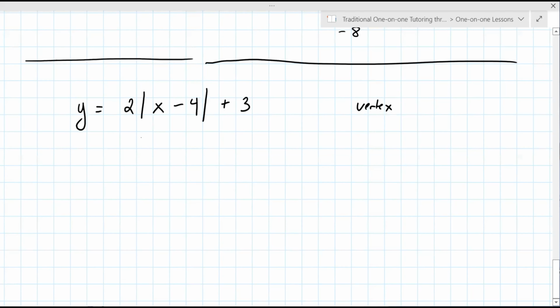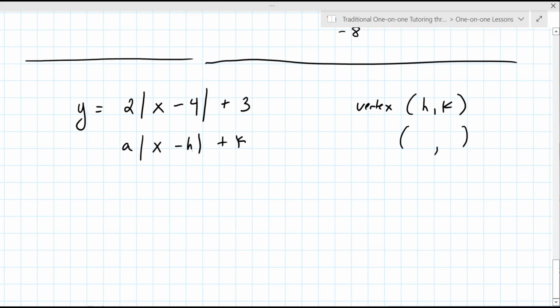The absolute value is a|x minus h| plus k, and the vertex is still (h, k). Even though it's absolute value, you do the same thing. You've got to find that middle point, and it's the same rules. So what is the value of h and what is the value of k?